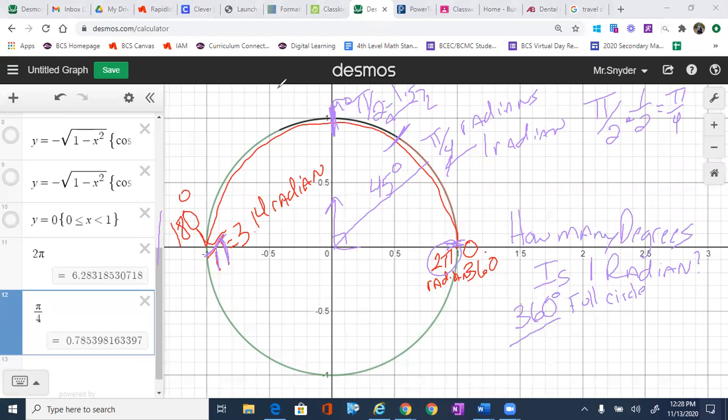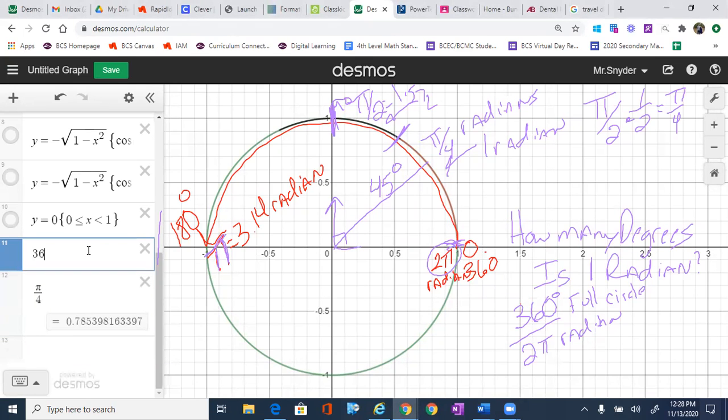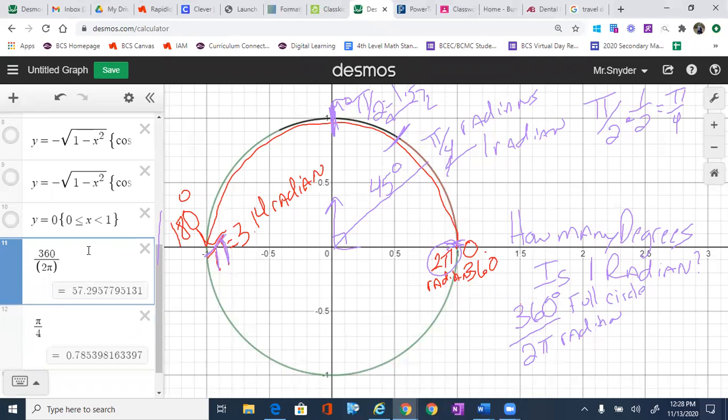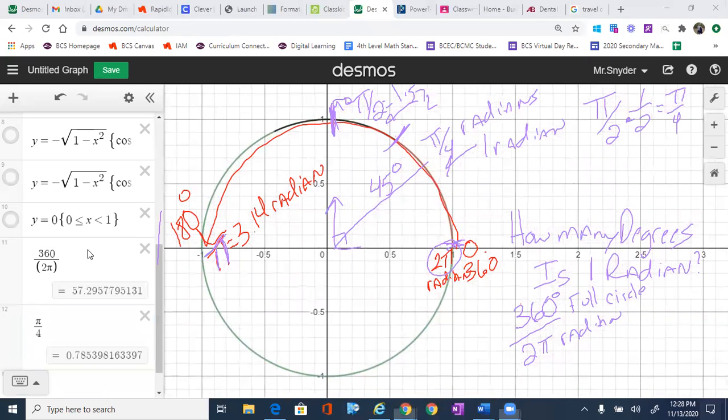So I'm going to take 360 degrees and divide it by the 2 pi radians. That'll give us how many degrees each one is. Take 360 and divide it by 2 pi. That is 57.3 degrees. So roughly 1 radian is about 57.3 degrees.